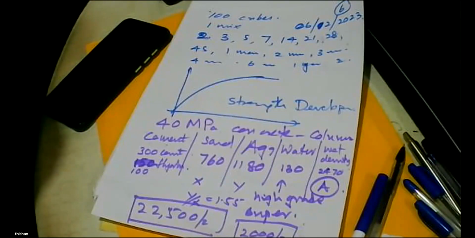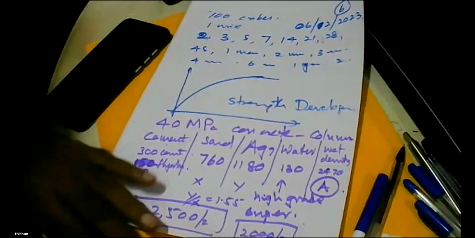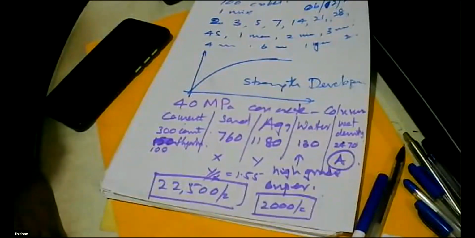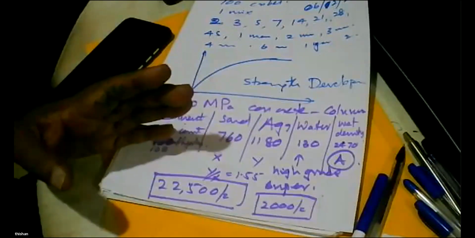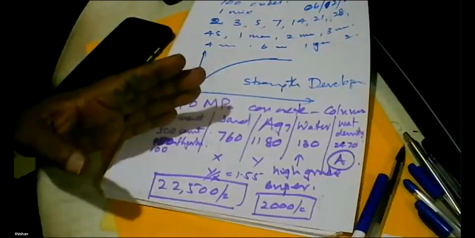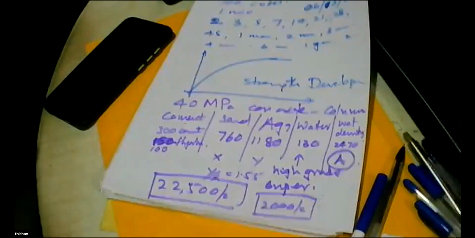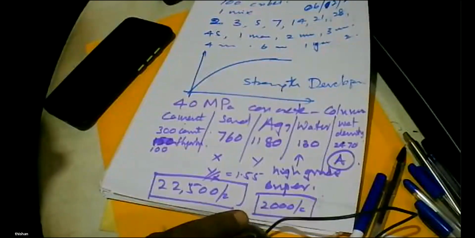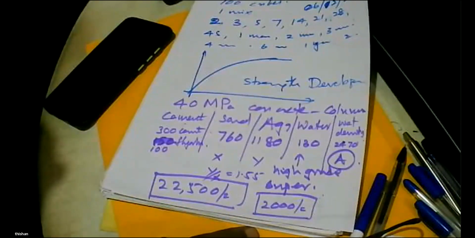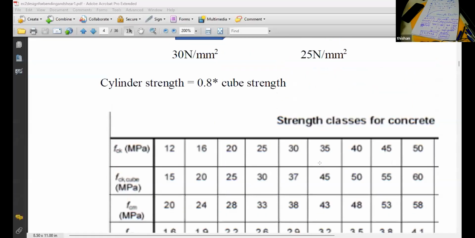Any other question? Yes, then Engineer Sajeevkanth asked for mix proportion calculations, which strength to use, cube strength or cylinder strength? I'm using cube strength, because the moment you know the cylinder strength, you know the cube strength, because this table is available. So all this construction technology is based on cube strength. Why?